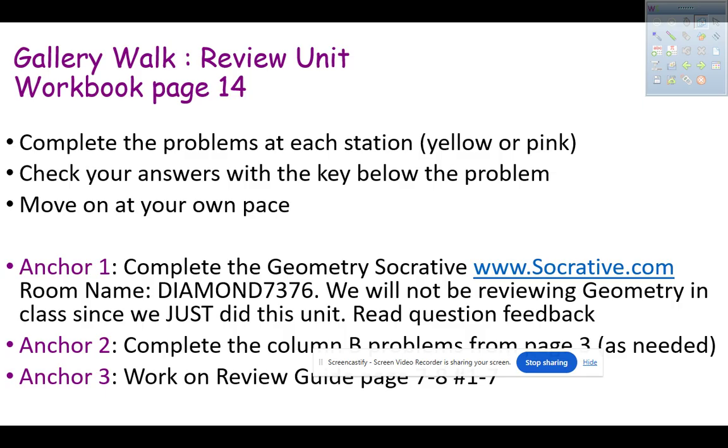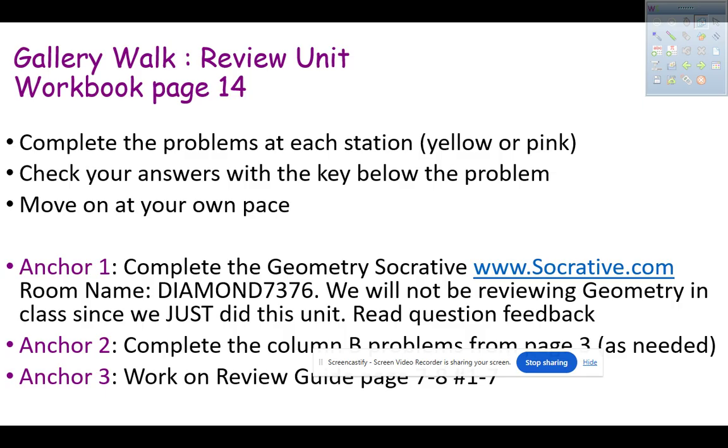All right, I'm going to give you a station. Pink 1 is in the back. Pink 2 is on the hand sanitizer. Pink 3 is right here. Carson will do pink 4 right here. And then pink 5.